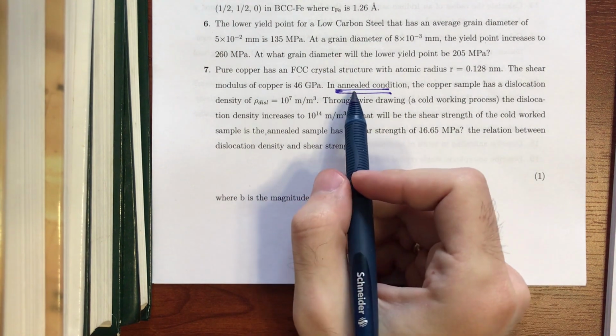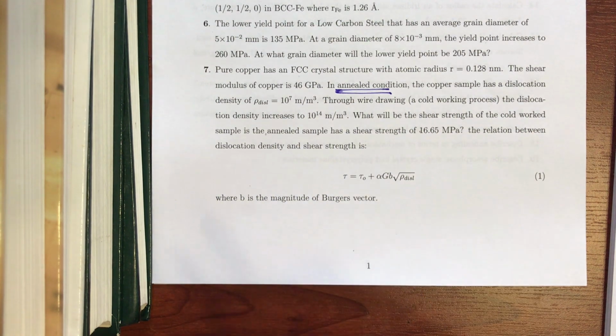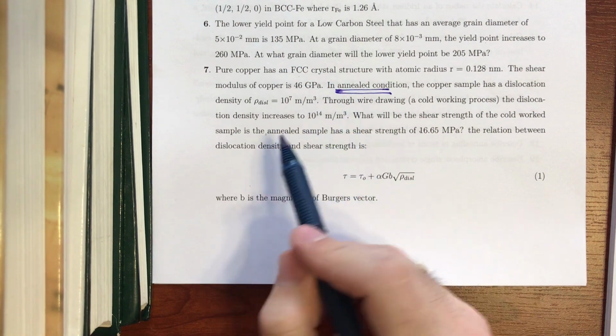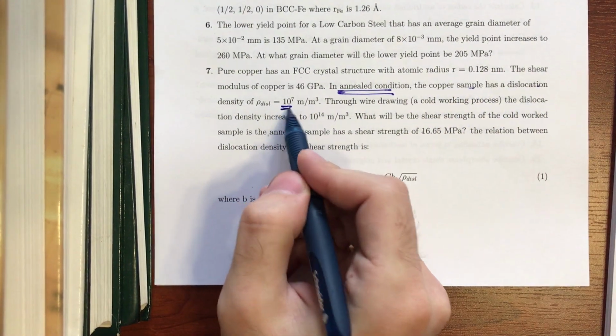If you take a cold worked sample, heat it slowly to a sufficient temperature, wait for a certain amount of time and cool it back slowly, that will be the annealed condition. So in the annealed condition, the copper sample has a dislocation density of 10 to the power 7.